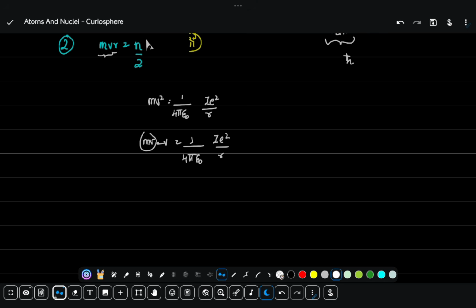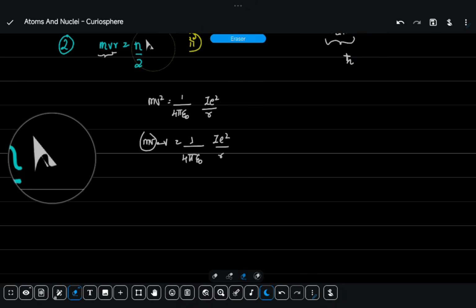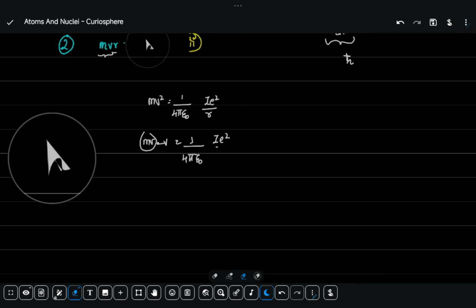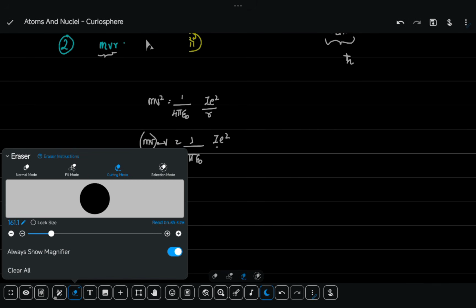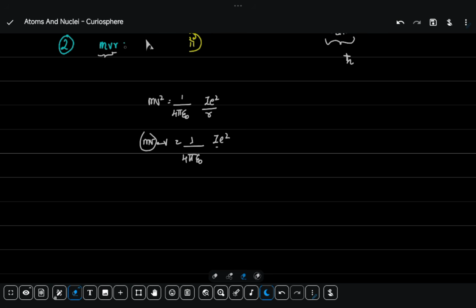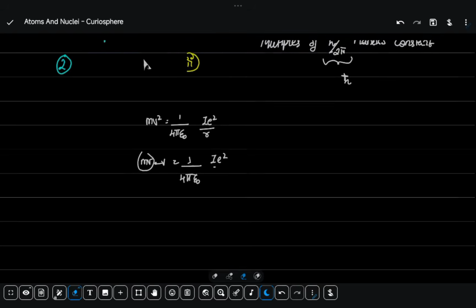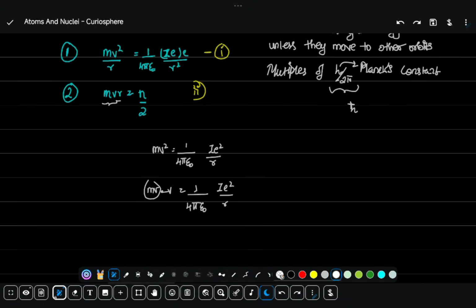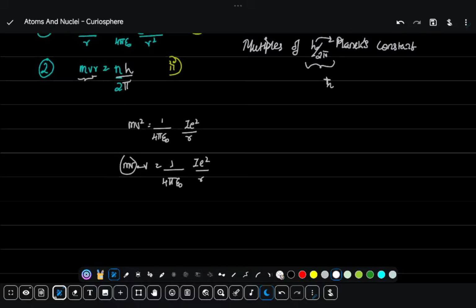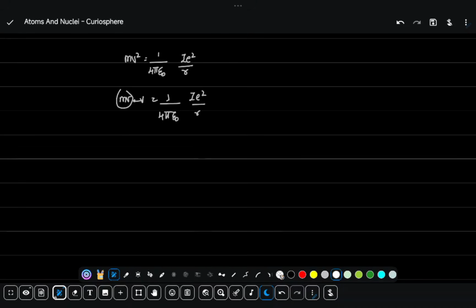Instead of mv, you can substitute from equation 2, nh by 2 pi r.